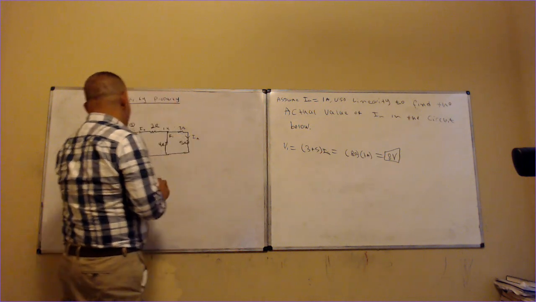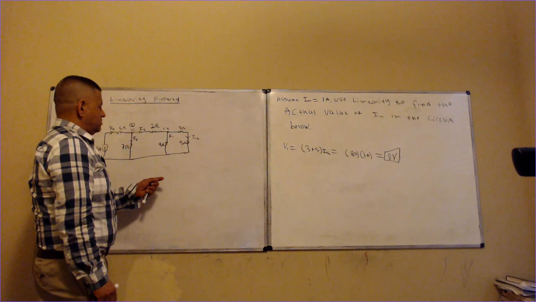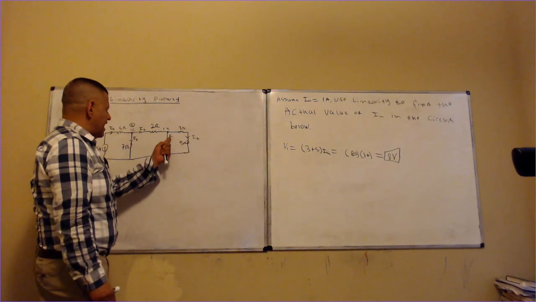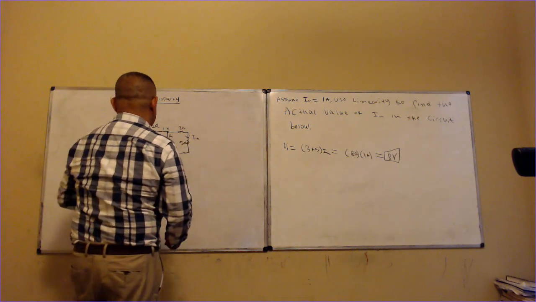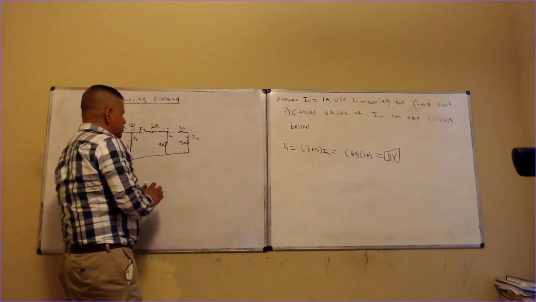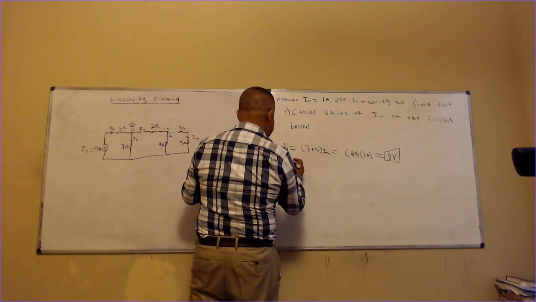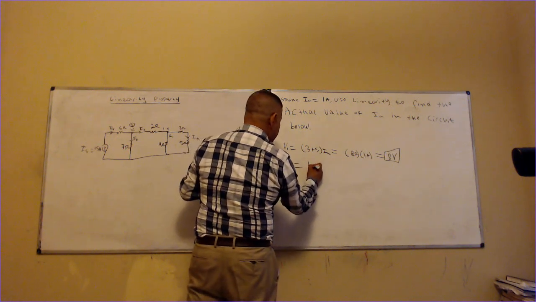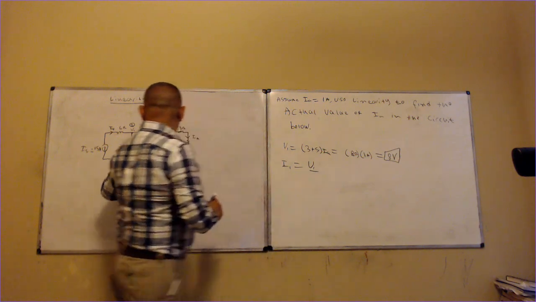So now, with that being said, can I find the current in this? Can I find I1? Yeah, because if the voltage of this node right now is 8 volts, then I1 is equal to V1, which I found, over 4 ohms.